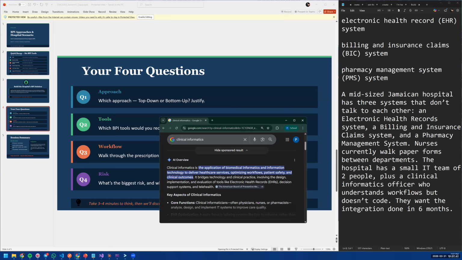And then once all parties are aligned, because it's not just the clinical informatics officers we need to talk to. We also need to talk to the nurses who currently have the problem of manually walking paper forms from one system to another.